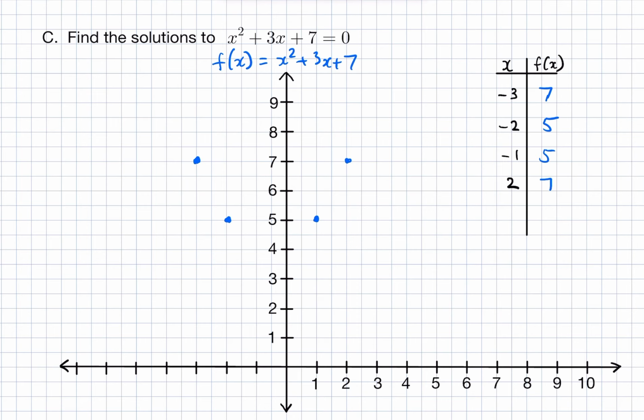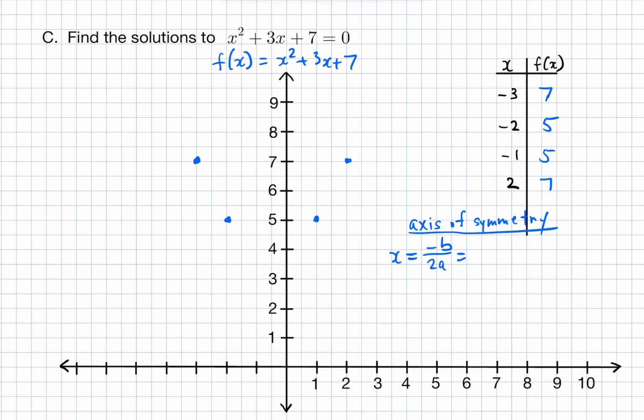Well, how do we do that? Well, if we find the axis of symmetry, that equation is my x value, which is also the x value of my vertex, and that equation is negative b over 2a.